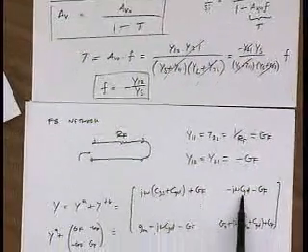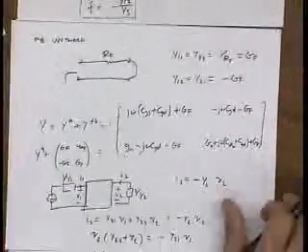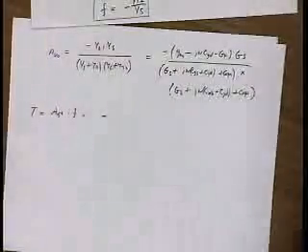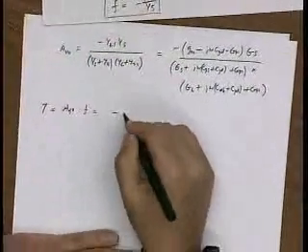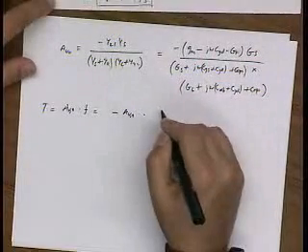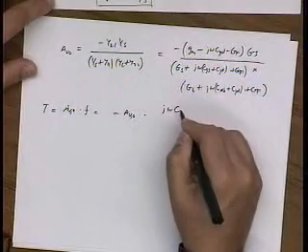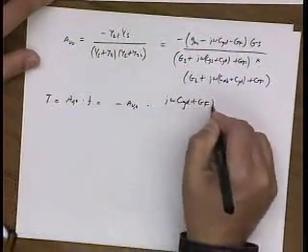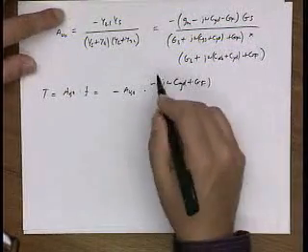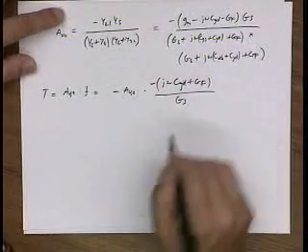It's minus j omega C gate to drain plus GF. So this is AV0 times Y12, j omega C gate to drain plus GF, divided by GS.